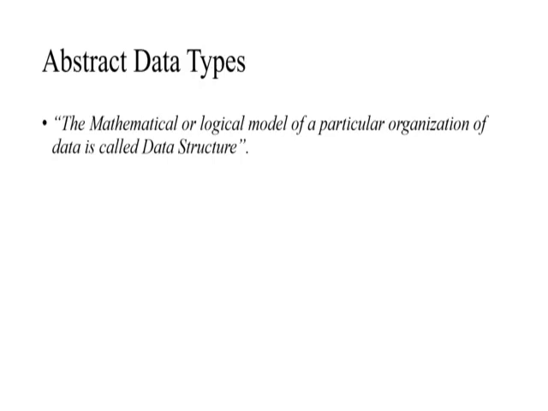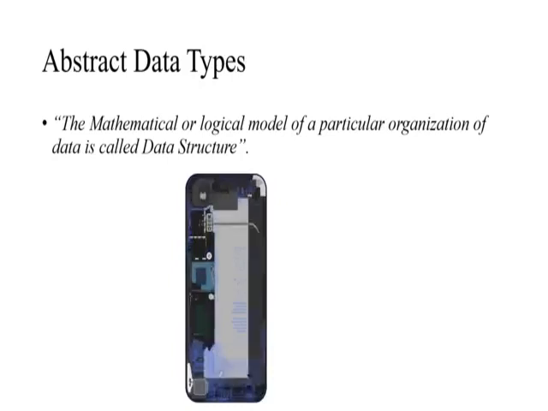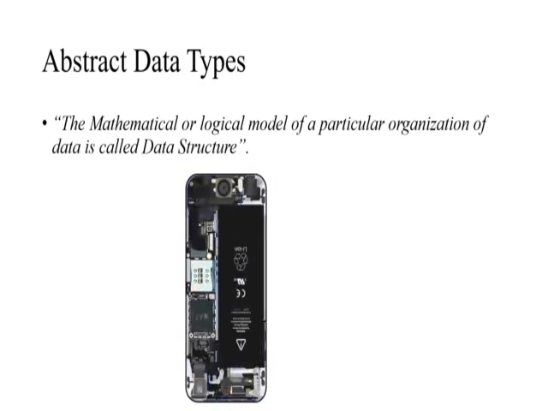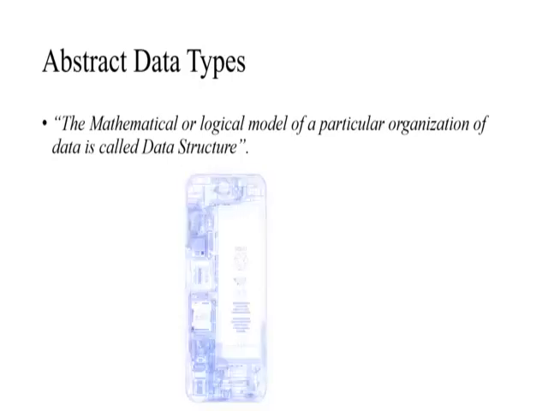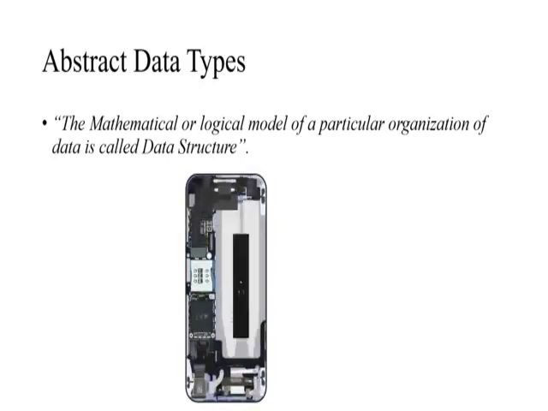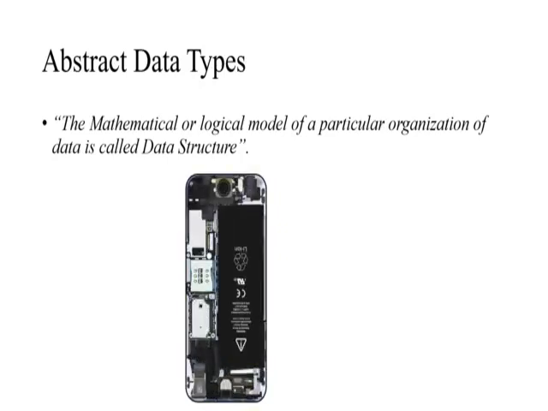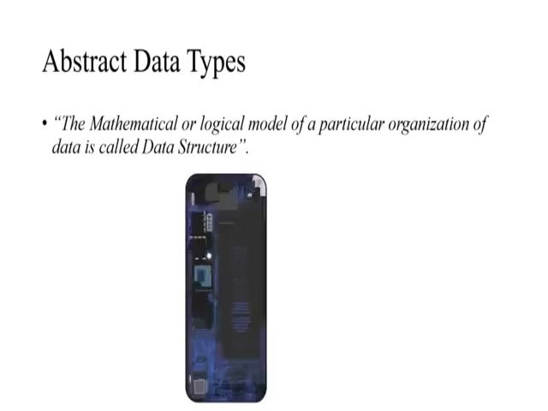So let's see the abstract view from the real world. It can be something like a mobile phone. Everyone is familiar with a mobile phone. Let's check the abstract view of this mobile phone before implementation. A mobile phone is a communication device that can be turned on or off. So this is one function. It can receive signals for communication.